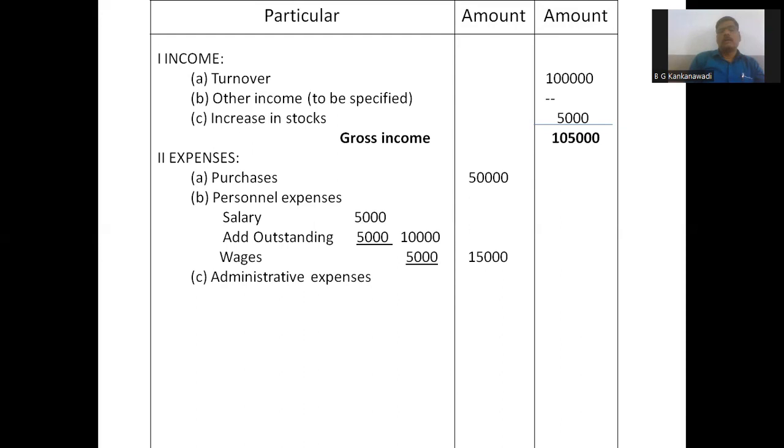Under administrative expense, you take the printing and stationery. Printing and stationery is the only item in the problem, so it is 2,500. Thereafter, you write the selling expense. Selling expense means advertisement, publicity, delivery van expenses. Items like that are not in the problem.